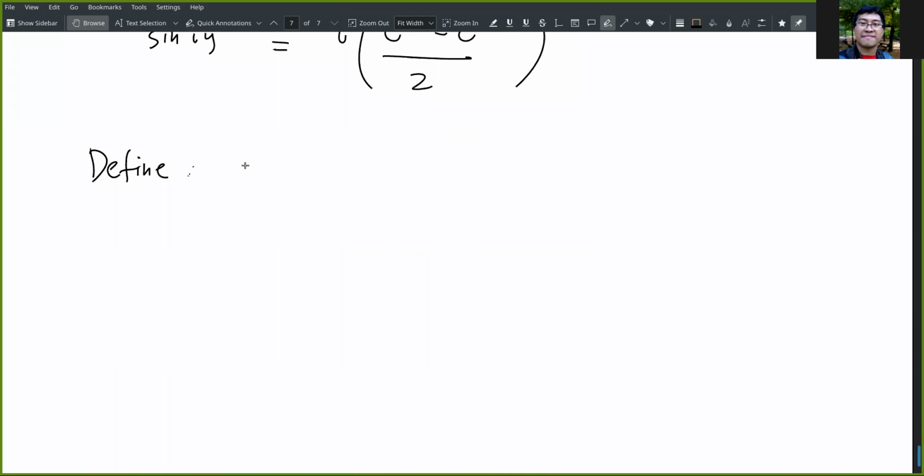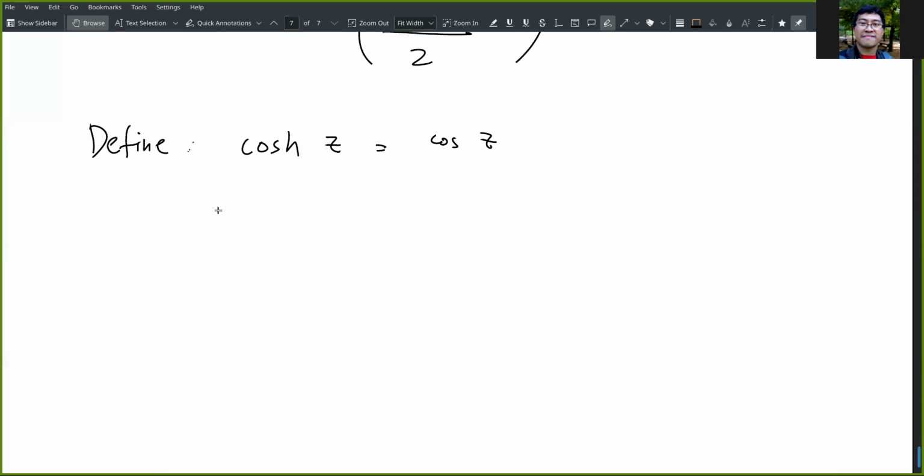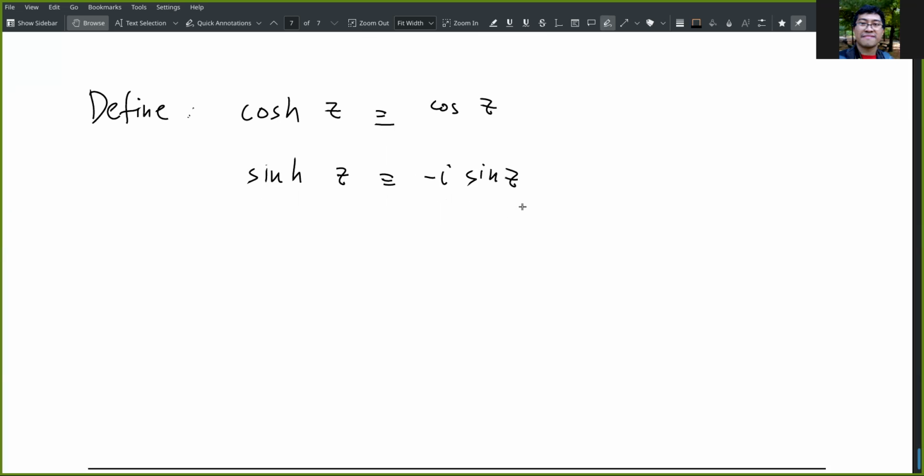So let's say cosh z is equal to cosine of iz if z has an imaginary term. Also, we define sinh of z as minus i sine of iz.